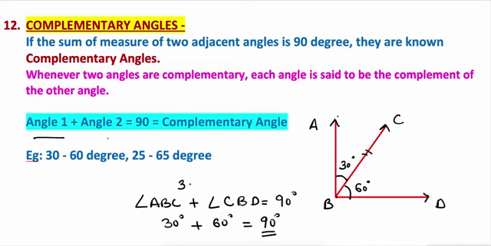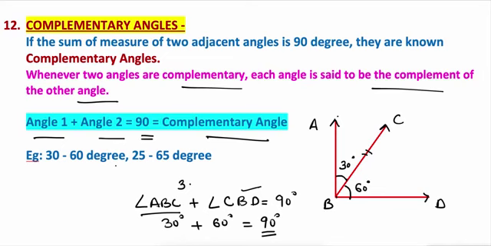So angle 1 plus angle 2 is equal to 90 degrees, then they are called complementary angles. Whenever two angles are complementary, each angle is said to be the complement of the other. So angle ABC is the complement of angle CBD and angle CBD is the complement of angle ABC.